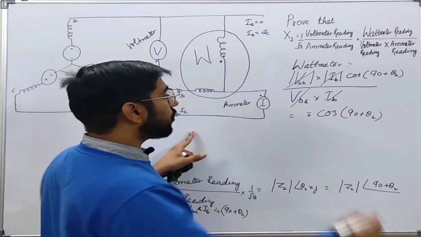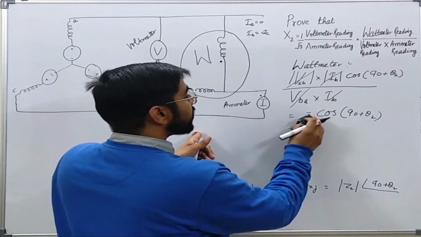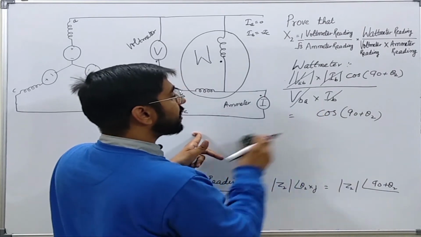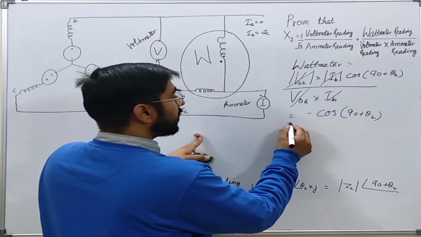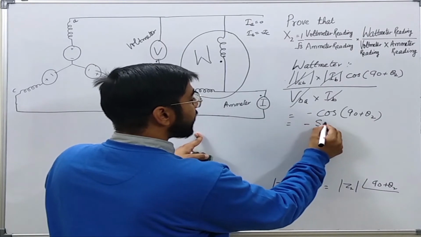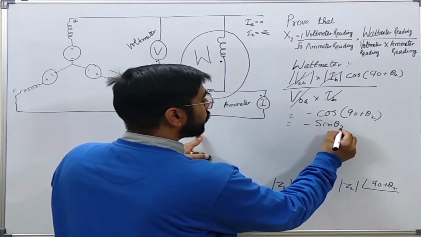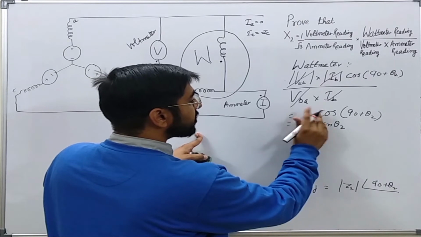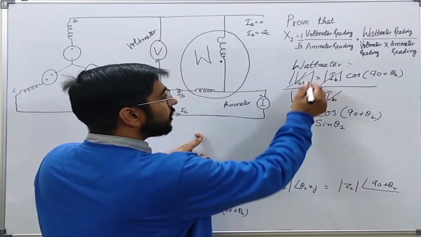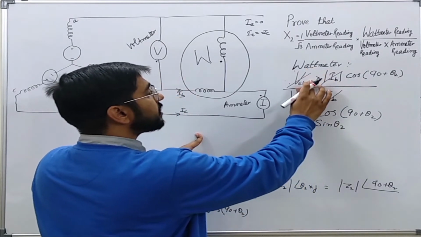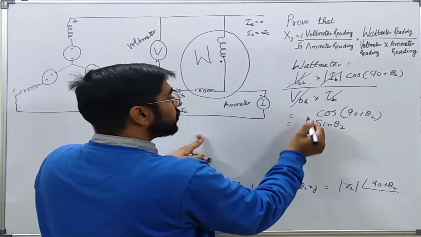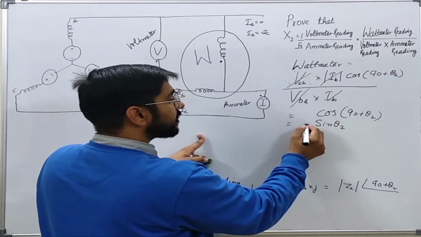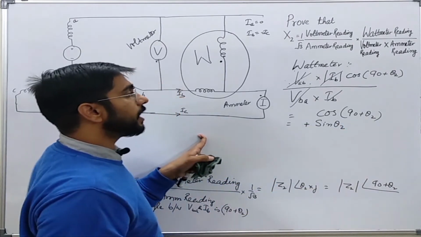Let us say I am taking the minus sign here depending upon the deflection. So it will be minus sine theta 2, or minus minus, if I am taking the minus sign first, let us say it was VAB and it is VBA, then it will be minus minus plus, so it will be sine theta 2.